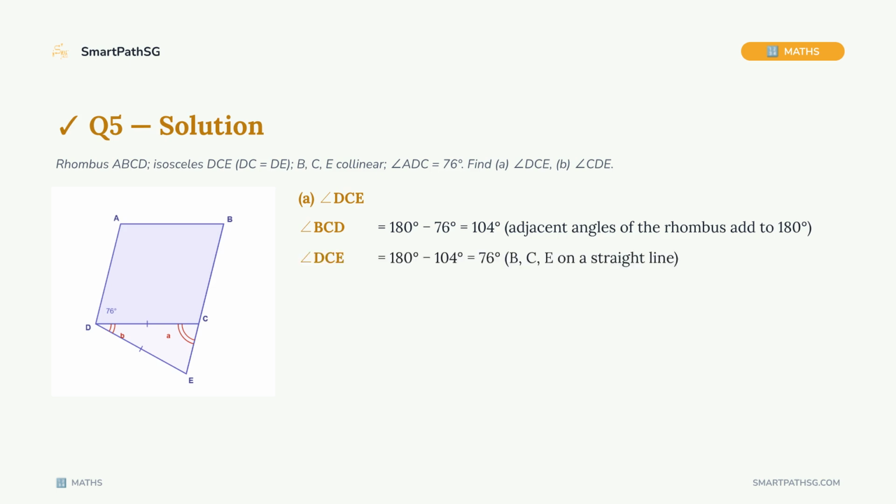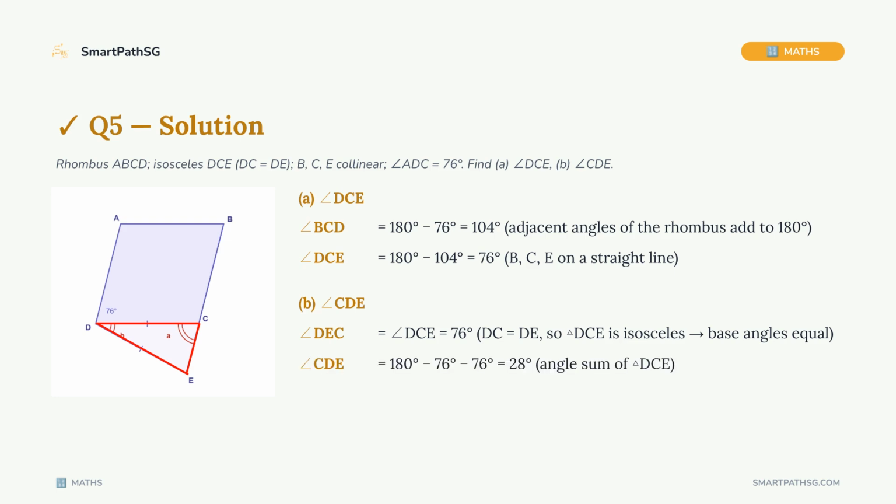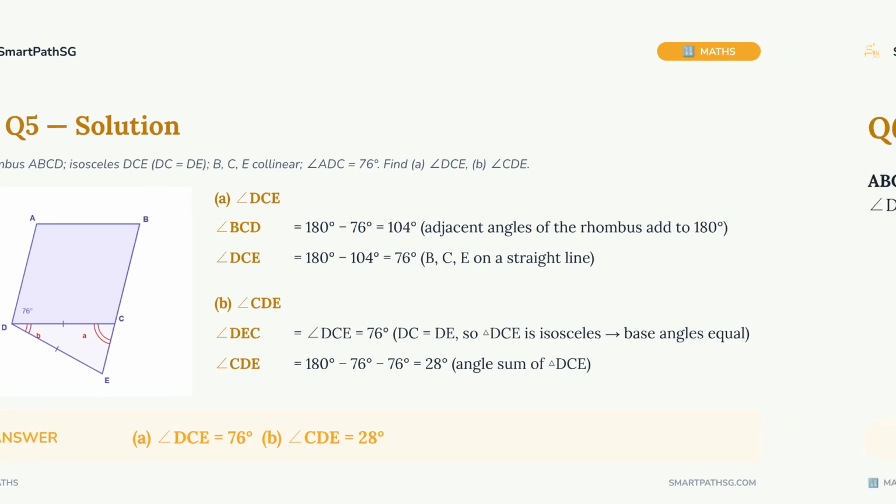Then the straight line BCE gives angle DCE equals 180 minus 104, so the answer is 76 degrees. For part B, since DC equals DE, DCE is an isosceles triangle and angle DEC is also 76 degrees. The apex angle CDE is then 180 minus 76 minus 76, which gives us the answer of 28 degrees.